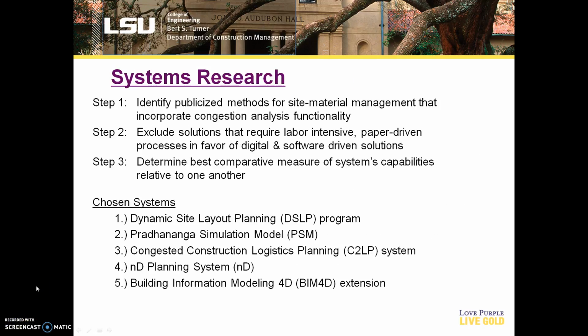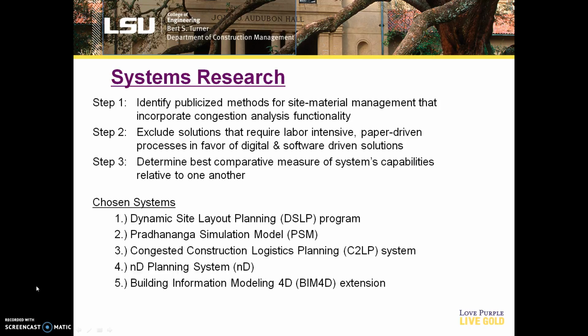So the initial steps to my systems research to identify the management solutions that are available for congestion analysis and material management provided a number of different options that I had to whittle down using step 2 to ensure that we're speaking only about solutions that are operable and functional in a digital environment.